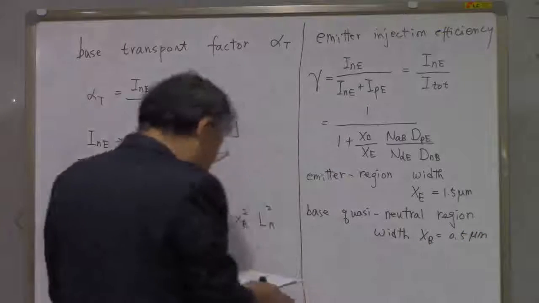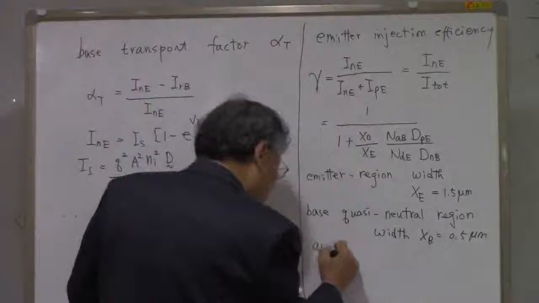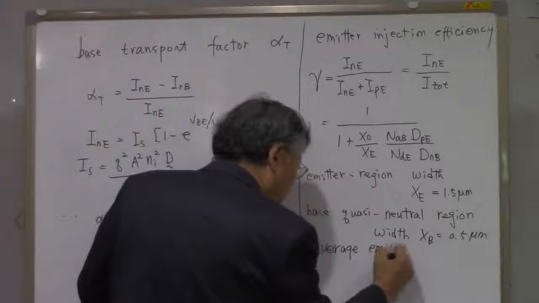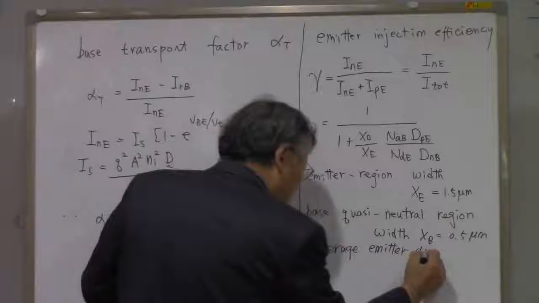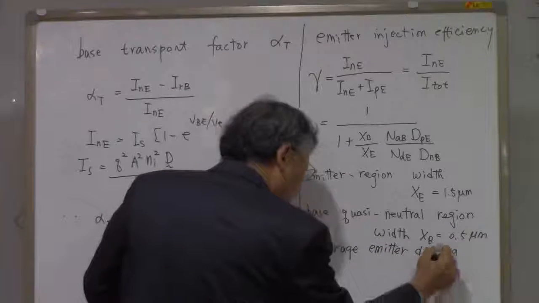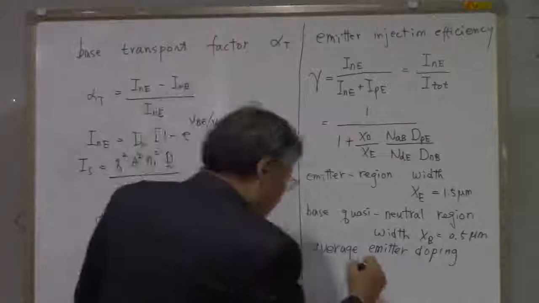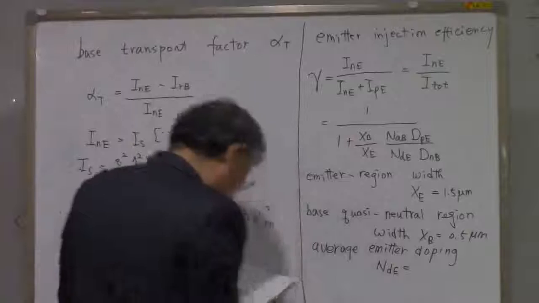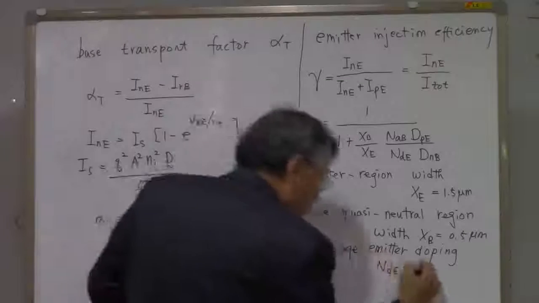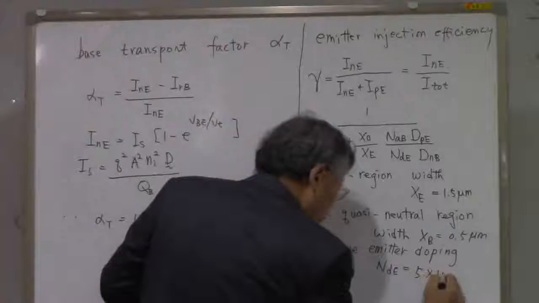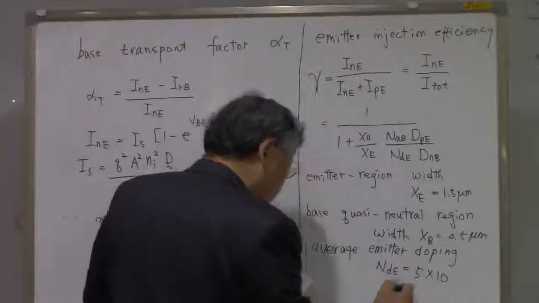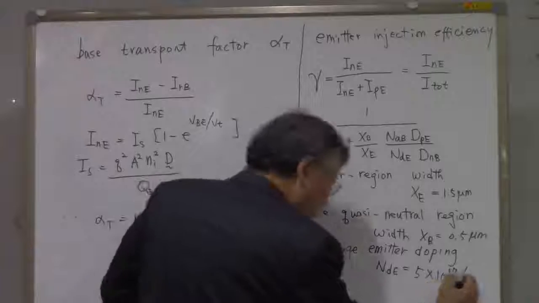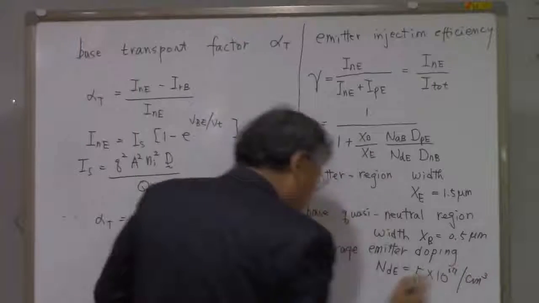Okay, average emitter doping NDE, let's say the NDE is about 5 times 10 to the 17th per cube.